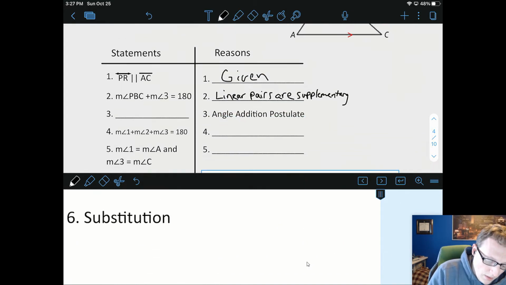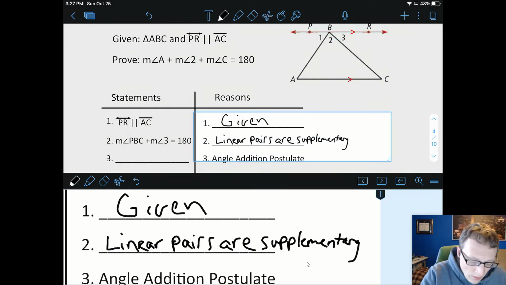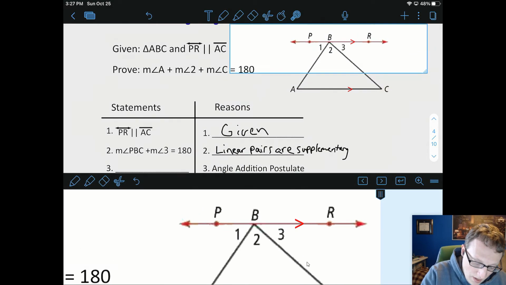All right. And then we have the angle addition postulate. Now, what I would like to be able to do is say that 1, 2, and 3 possibly add up to 180. But what I can do is I can break this bigger angle PBC into 1 and 2.